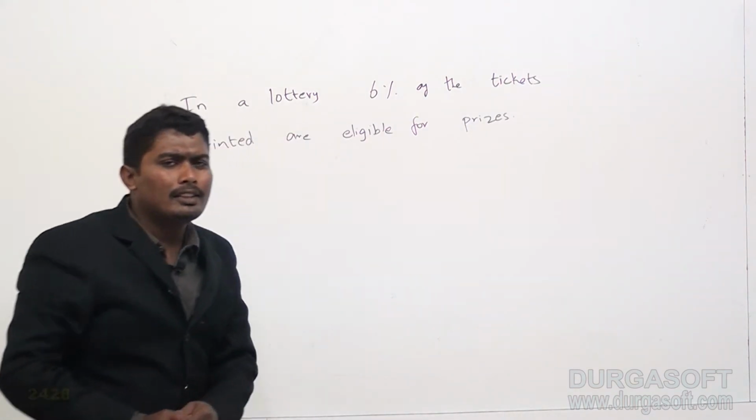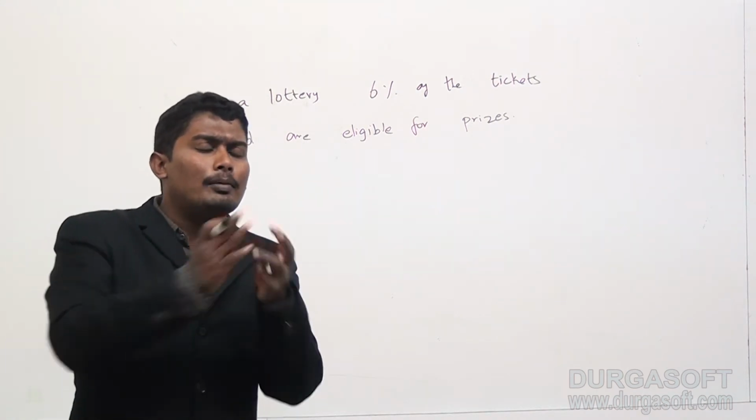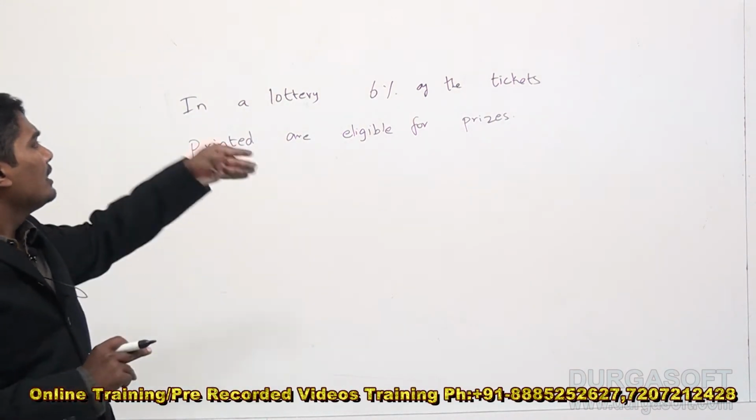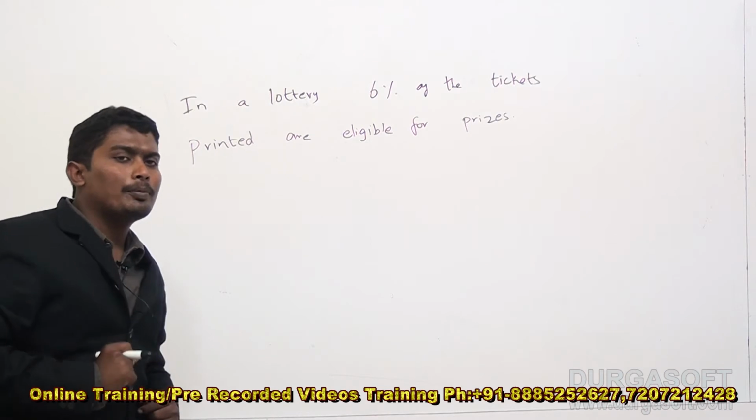So in a lottery, there are some lottery tickets. Among all the lottery tickets printed, 6% of them are eligible for prizes.